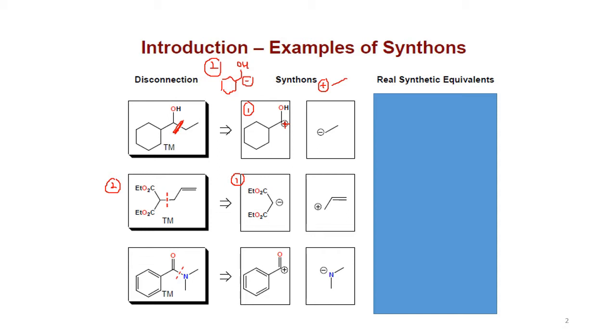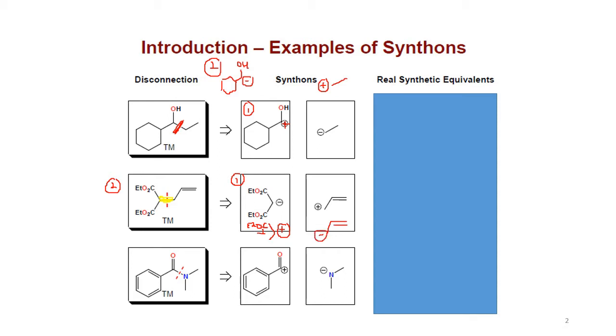You notice that this middle bond is no longer there, because it has been disconnected. Another pair can be this one, same thing, CO2Et here. But the difference is this becomes plus, and the other one becomes minus, for example.